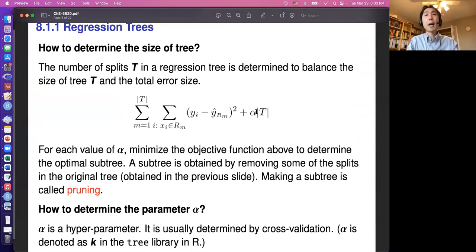So what happens if alpha is infinitely large? If alpha is large, then the penalty is large. So probably the tree size is 1, just a constant for all observations. What happens if alpha is 0?